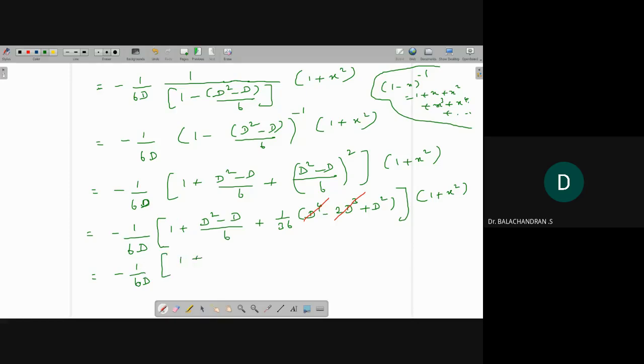Okay, now let's simplify. 1 plus d square by 6 minus d by 6 plus d square by 36 into 1 plus x square. This is equal to minus 1 by 6D, 1 minus d by 6.